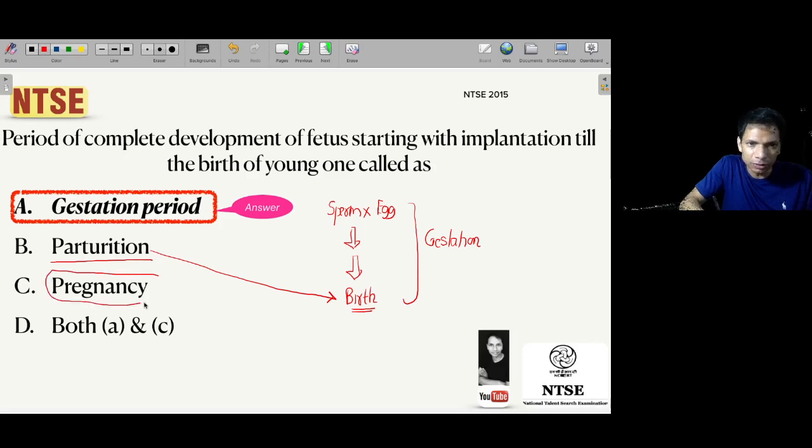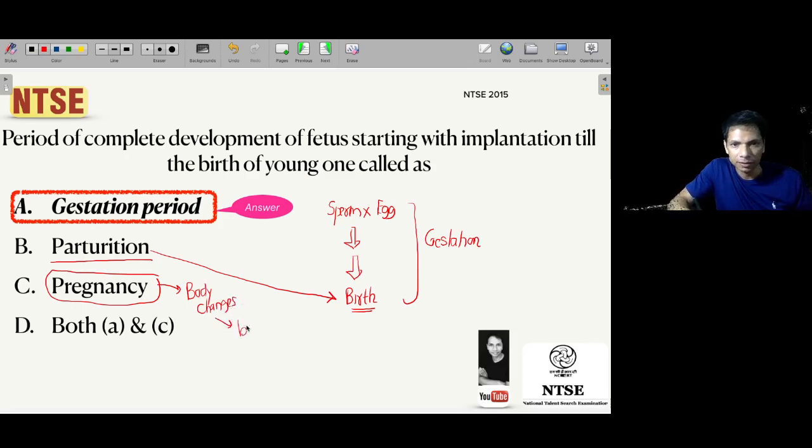Now, you can argue that pregnancy is also the same thing, but pregnancy is more about the different kind of bodily changes the woman has when she is carrying the baby. So that is more about pregnancy. Gestation period is the development of the fetus.